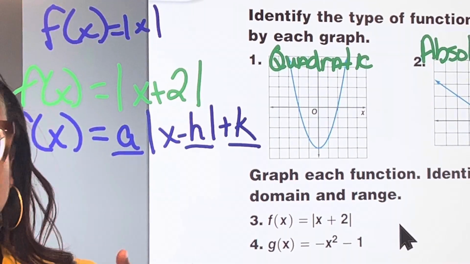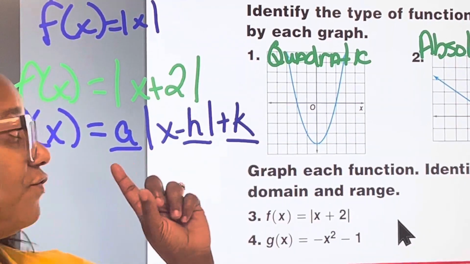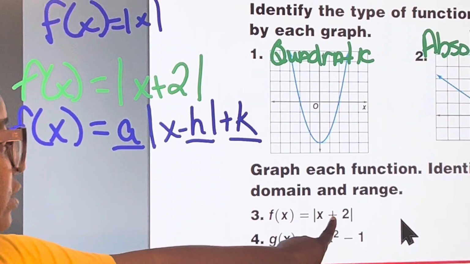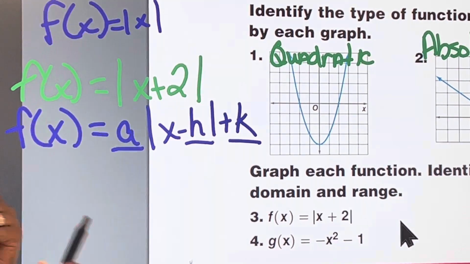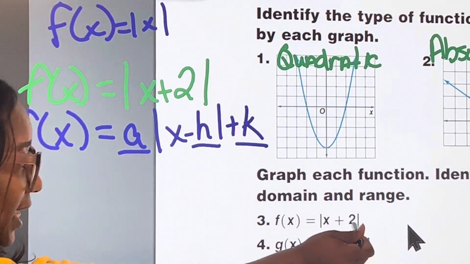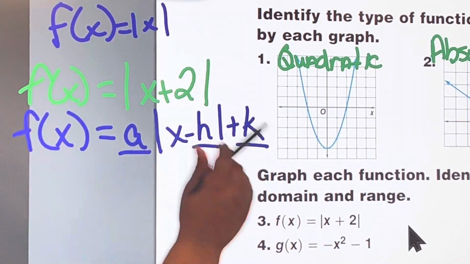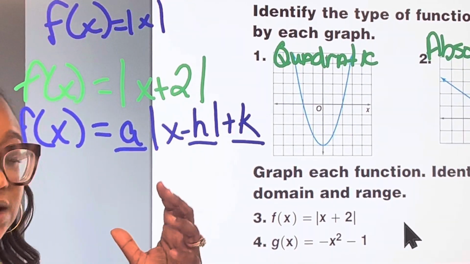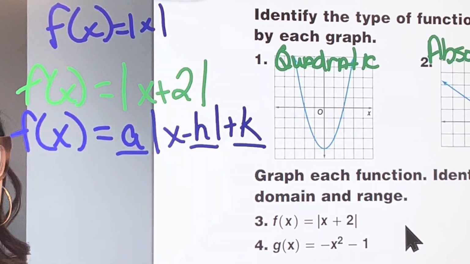H is going to either shift your graph left or right, if you go back and review the notes from last class. As long as it's inside the absolute value or parentheses, if we think back to last year, we have to think the opposite direction.